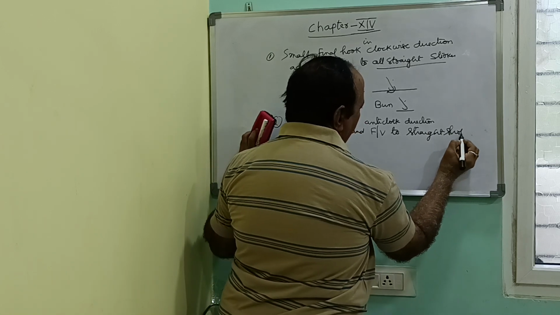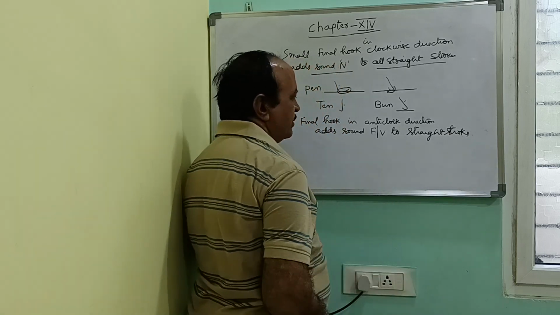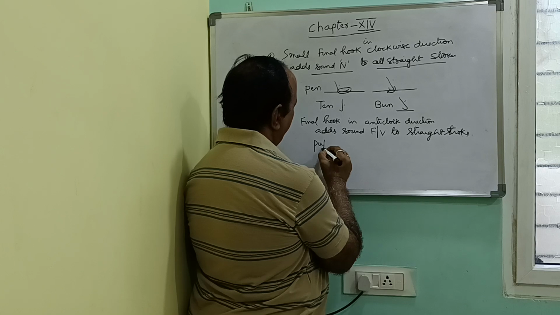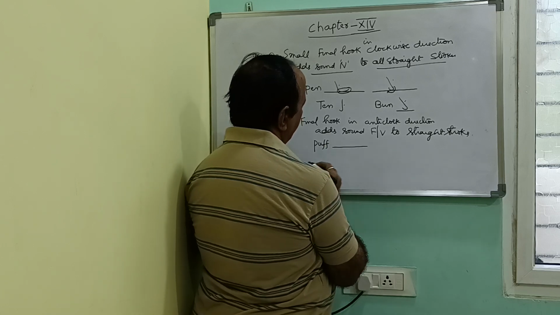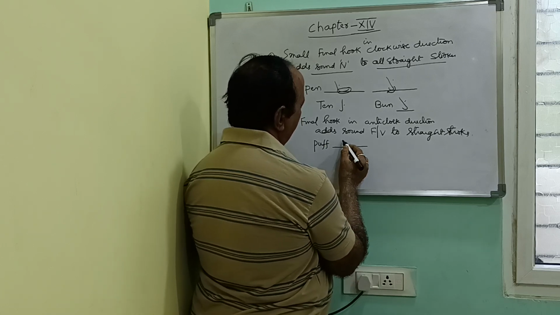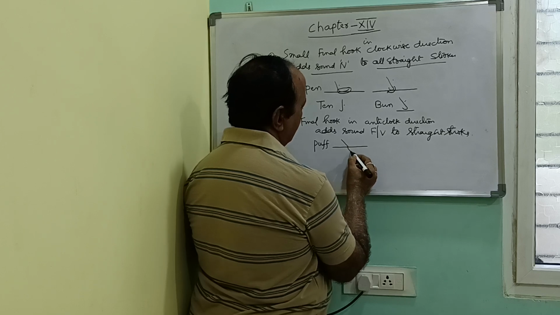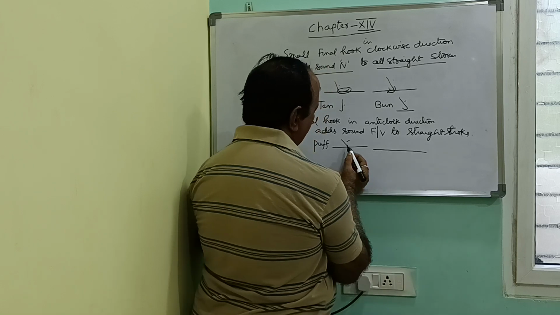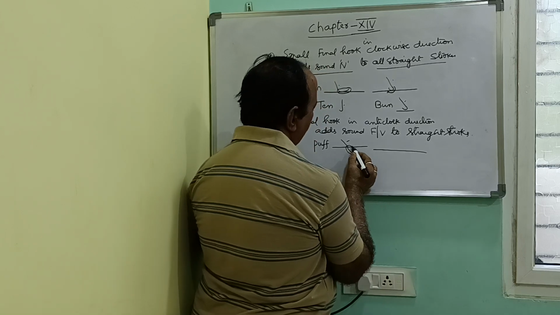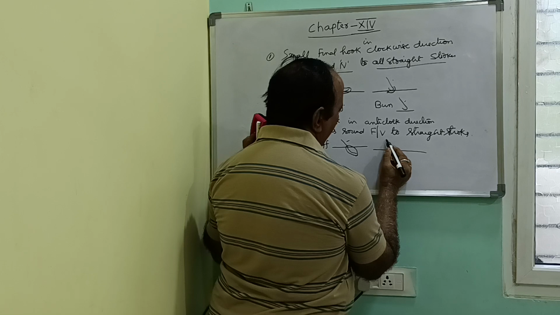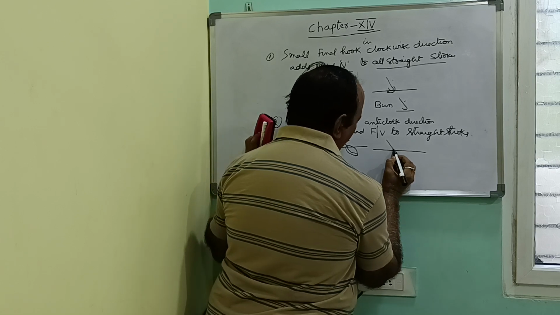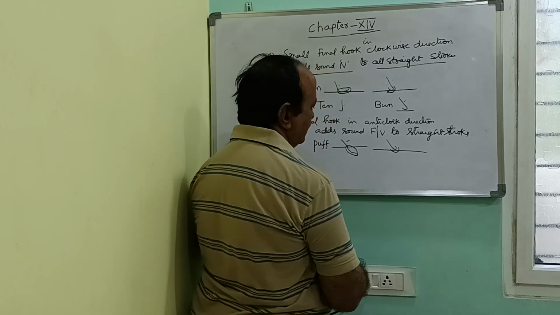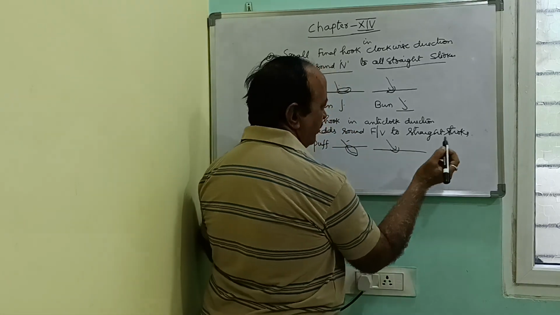I will explain with examples. For example, puff. Earlier, before learning this chapter, we used to write F like this. Now we are briefing the stroke F by writing it in a hook form. P, F: a small final hook in anti-clock direction adds the sound of F or V, like this, puff.